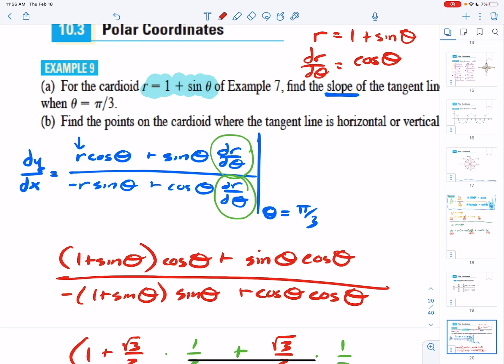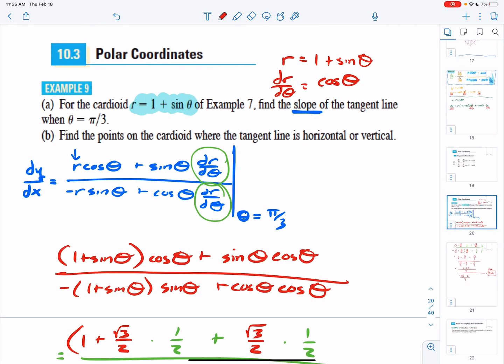Okay, so if you want to find out the points where the tangent line of the cardioid is horizontal or vertical, this is where you separately set each one equal to 0. If you want the slope to come out to 0, you're going to go ahead and make your numerator equal to 0. Okay? If you want to make your tangent line vertical, then you would make your denominator equal to 0.